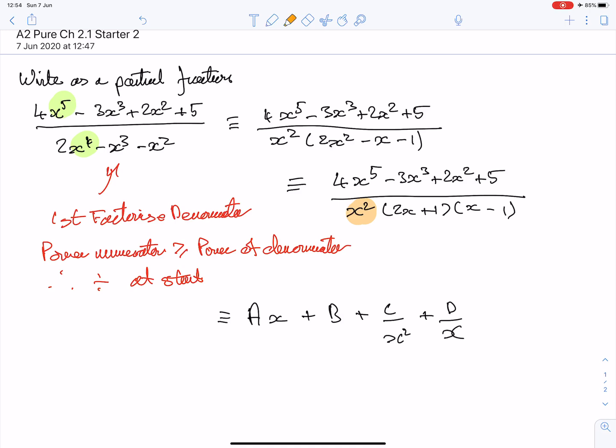And then we've got two further linear terms, so plus e over 2x plus 1 plus f over x minus 1. So we've got quite a lot of work to do here: 6 constants to find in different ways.